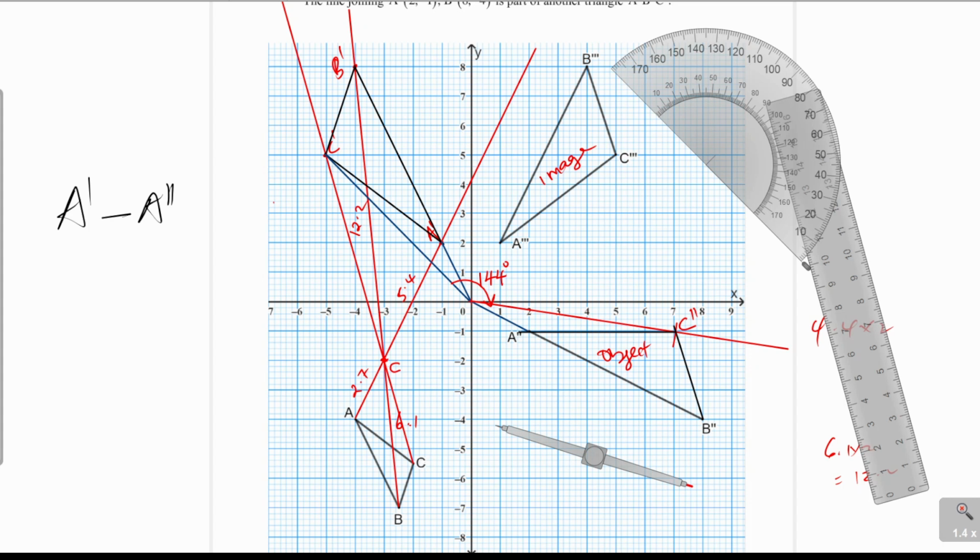So this is how you're going to do it. You can use any 2 points. For example, I will use point C double prime and C triple prime. You can use A double prime and A triple prime, still the same. You can do it for B if you wish.